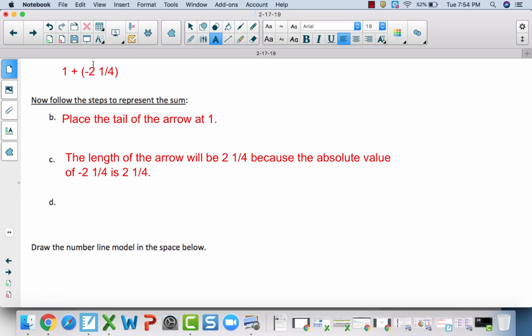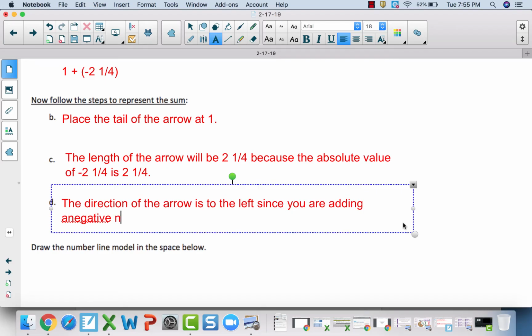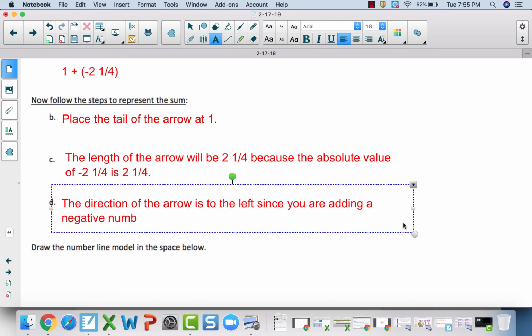So that second value tells me how long my arrow will be. And this is once again using that one arrow or one vector approach. Just a different strategy than using 2 arrows or vectors. Now the direction of the arrow is to the left since you are adding a negative. Ooh, sorry about the typo. You are adding a negative number to 1.